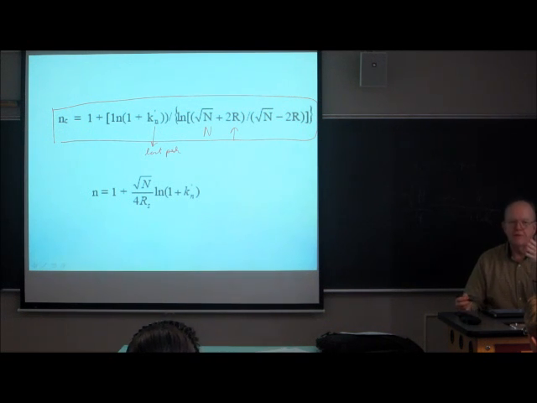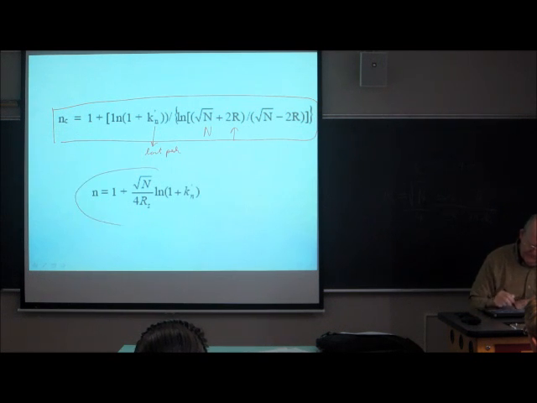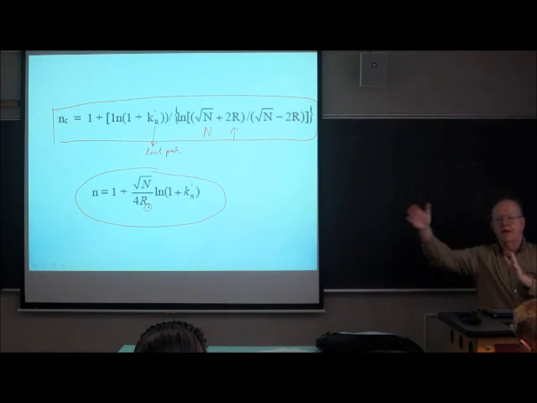Well, if you take the limit as R over root N goes to 0, then this function becomes this nice simpler function, except I put RS in there instead of R. RS is the same as R, it's resolution. And so the peak capacity is 1 plus root N over 4R, the natural logarithm of 1 plus the retention factor of the last peak.